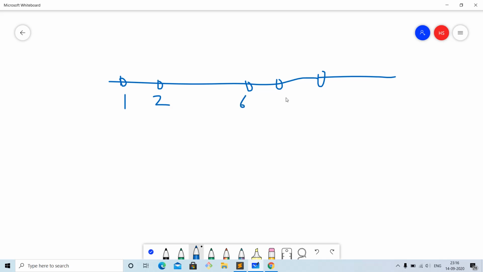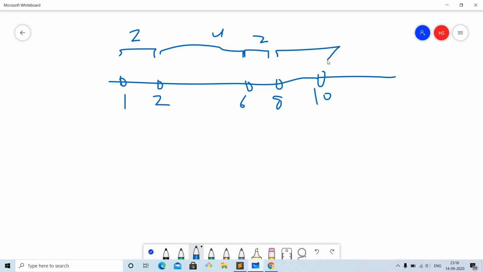We have to move these piles using our moves in such a way that we collect all the piles in two locations. If we look at the distances between the piles, the first two are at distance 1, then 4, then 2, and then 2.